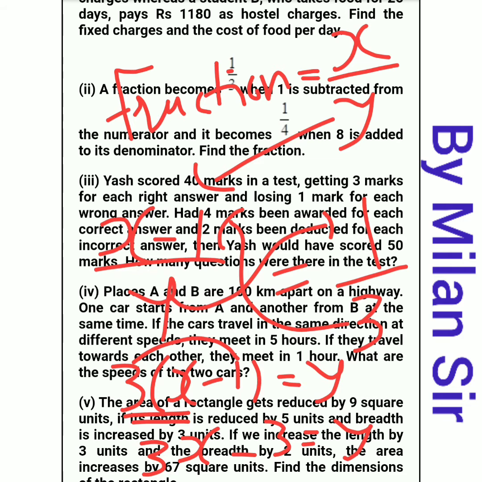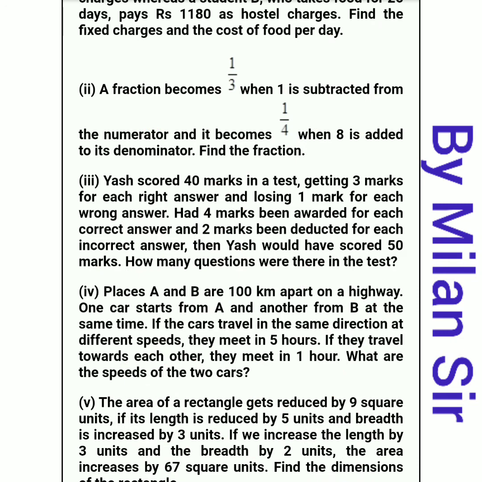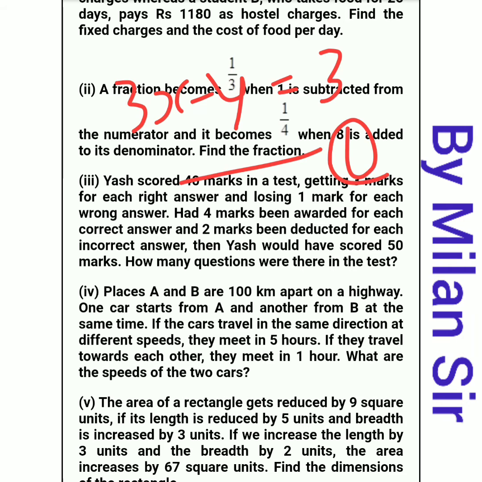Now transfer y to the left hand side and minus 3 to the right hand side, because we want our two variables on the same side. So 3x minus y is equal to 3. This is our equation number 1.